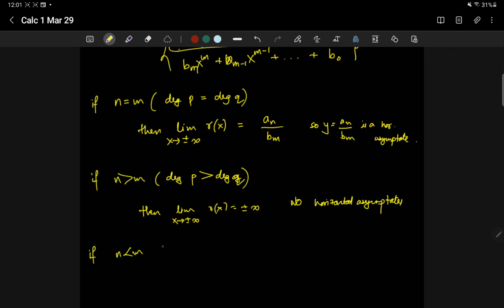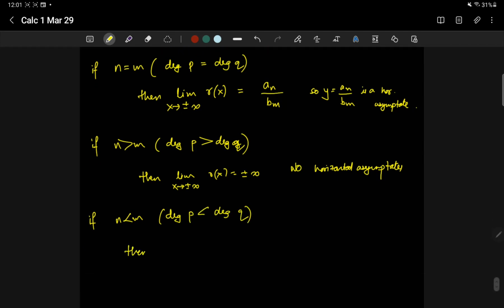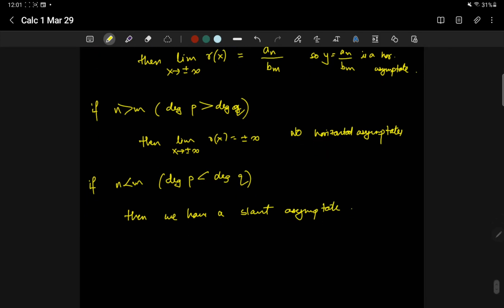If the opposite scenario happens, then we have something called a slant asymptote. And how do we find that? We're going to look at it on Thursday.